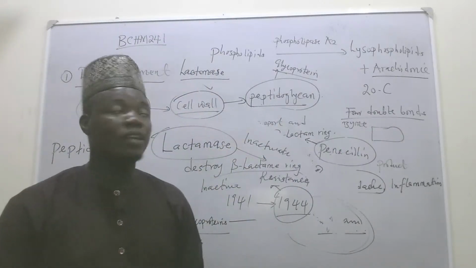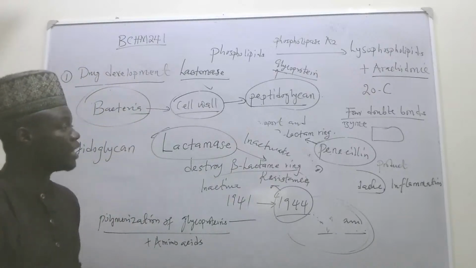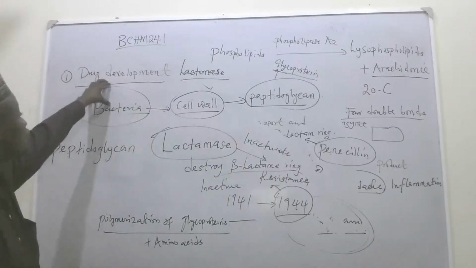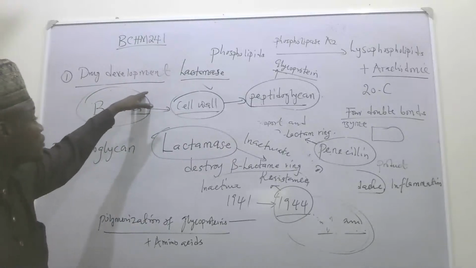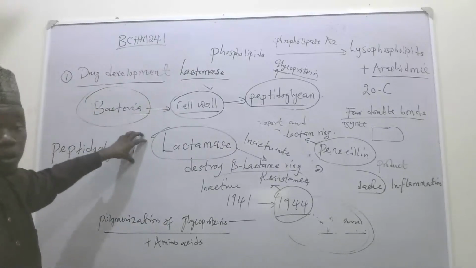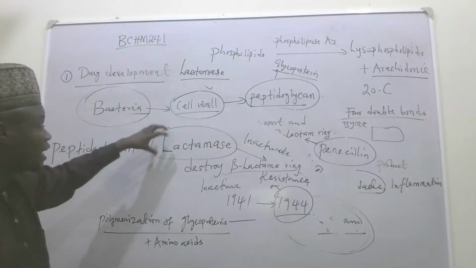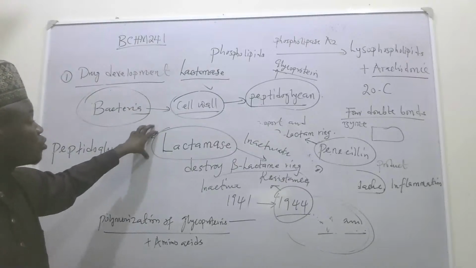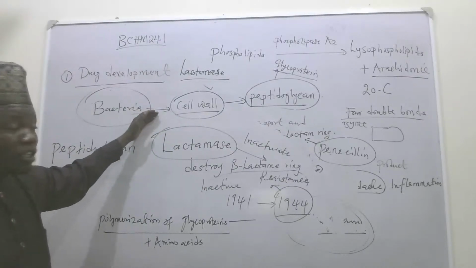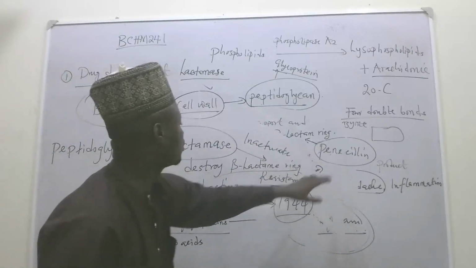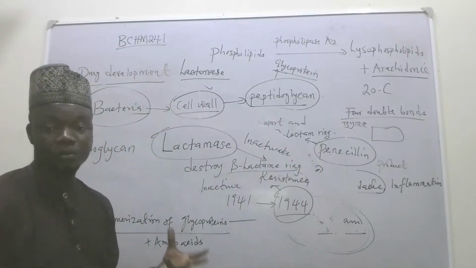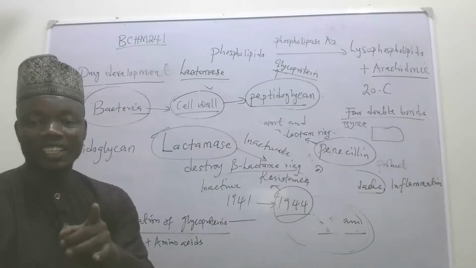So, ladies and gentlemen, I think this is very clear. One of the applications of biochemistry in nursing is drug development. And from here, I clearly demonstrate how you can produce antibiotics like penicillin by inhibiting transpeptidase enzymes.